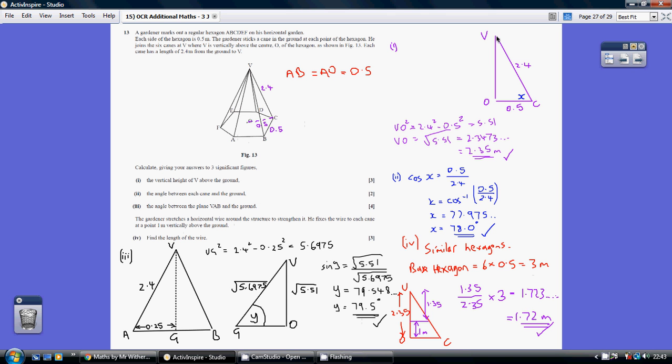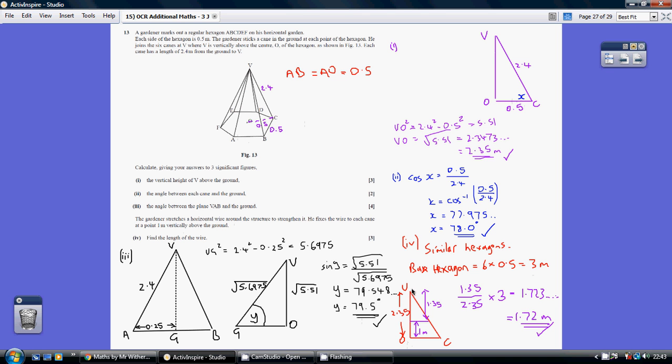So let's go back and have a look at our triangle VOC, and we're considering one of the lengths of the hexagon. If we do it by way of height, looking at the ratio of height, we know the length VO was 2.35 from part 1.